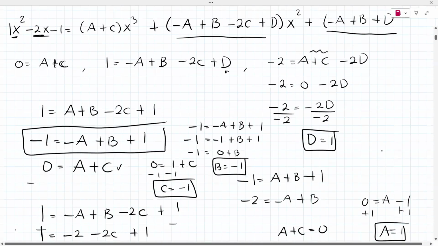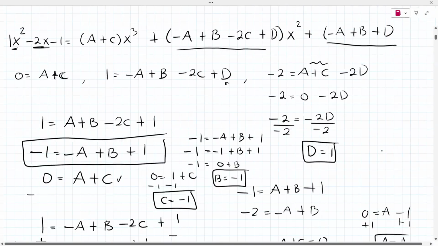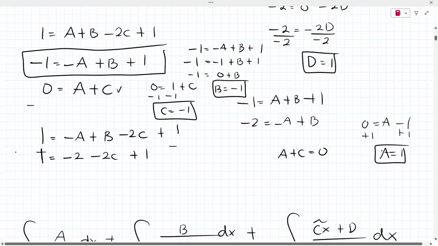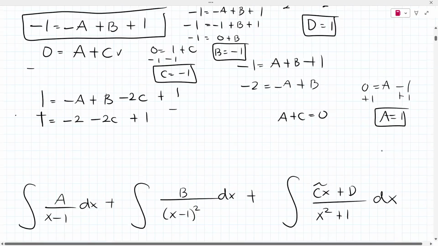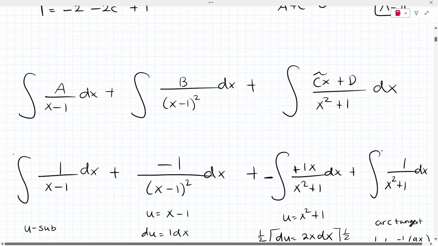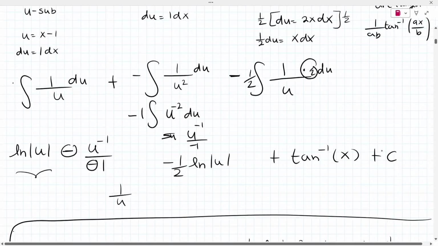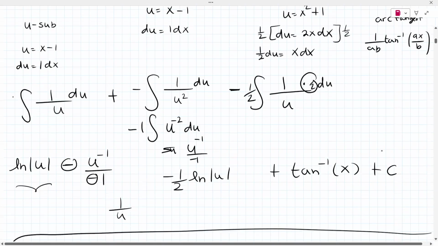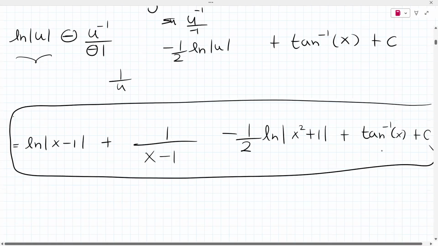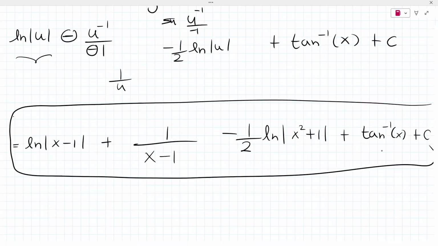We know that a plus c is 0, substitute that back in, do some kind of substitution, and you'll get your other letters. Then continue with partial fraction decomposition. Replace your a with 1, replace your b with -1, replace your cx plus d. Use your integration rules, right? And then don't forget to add the plus d. Okay, so that was kind of longer, but that's okay.